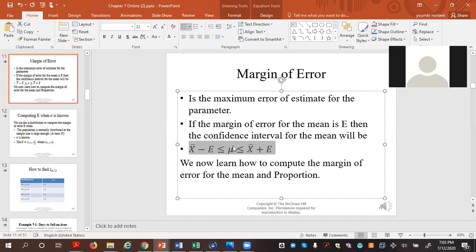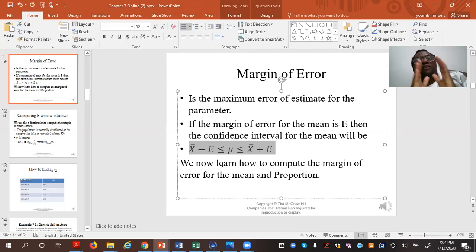Yeah. So if we want the confidence interval for the mean, we need to know the sample mean and the margin of error. Is that right? Yeah. If we know the sample mean and the margin of error, sometimes I give you a quick question like that on a quiz or exam. If the sample mean is this and the margin of error is that, what is the confidence interval? You just do sample mean minus error, sample mean plus error.